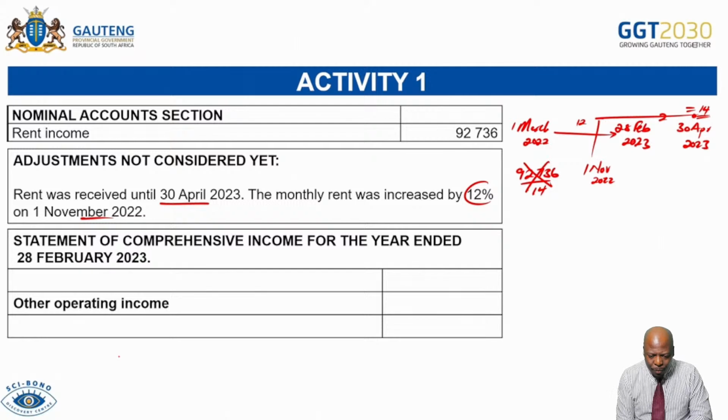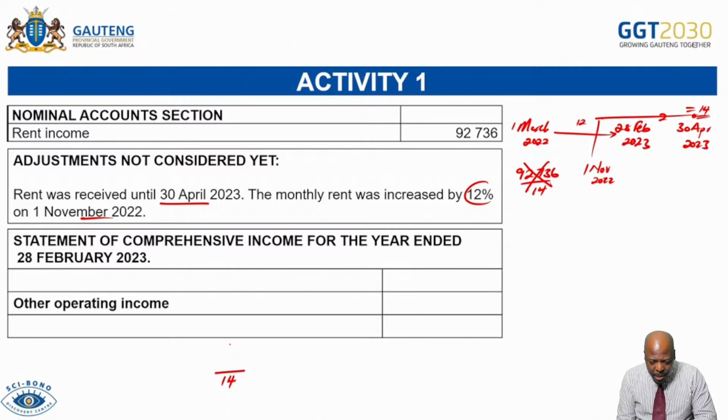Okay, so here we go. I know that I have paid for 14 months. I know that I've received for 14 months. So if I start from the beginning of the financial year, it would be from March, April, May, June, July, August, September, October. All right. For these 8 months, rent was the same.